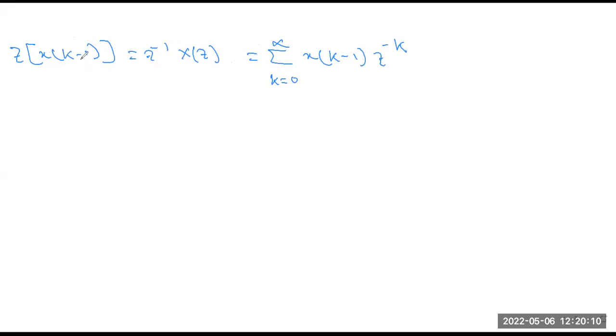Two functions: first one is x of k minus 1, another one is x of k.